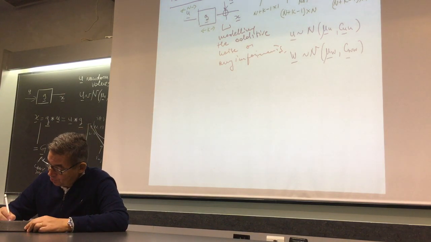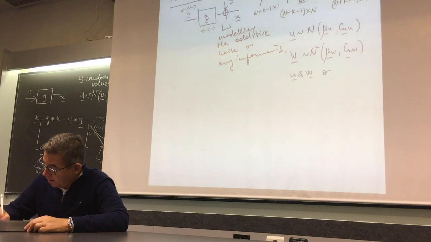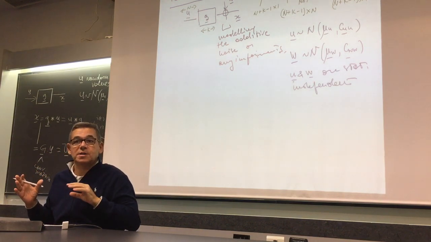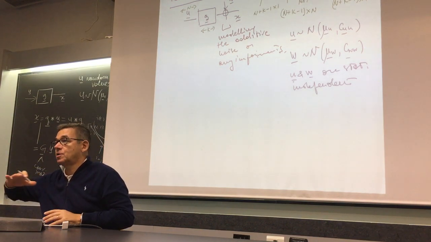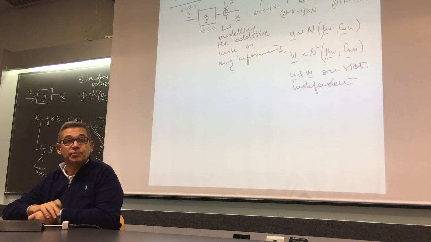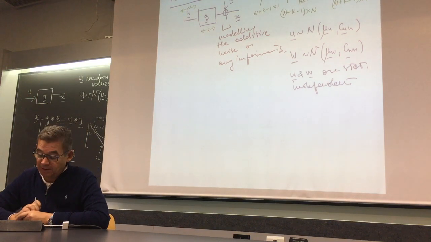Let's make the assumption that U and W are statistically independent. Typically U is the input of the system, W is the noise, thermal noise or similar, they have nothing to do with each other. So they are statistically independent.